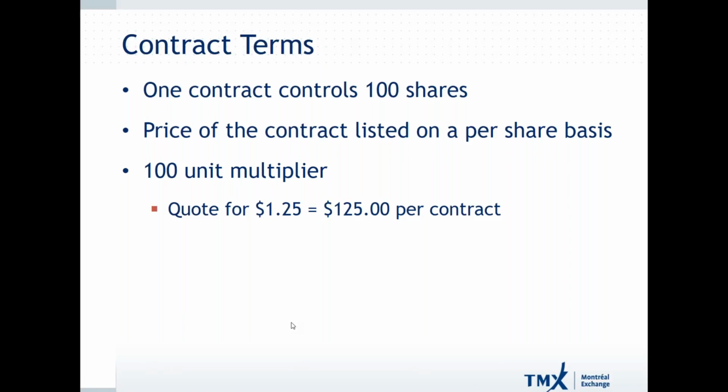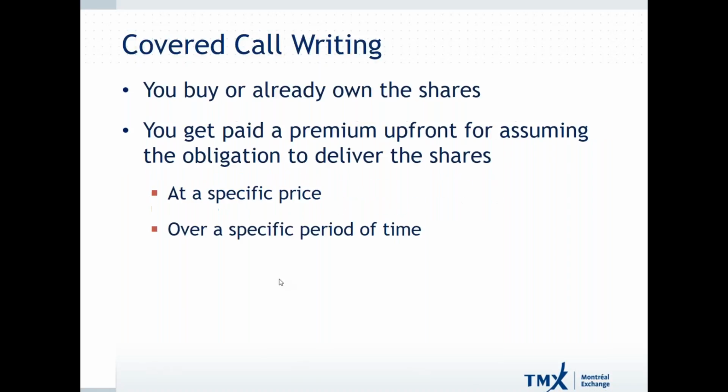So, of course, as we recall from our basics, the price of each option contract is listed in a per share format, and so we multiply the premium by 100 to determine just how much that contract is trading at. For example, if we're looking at a quote of $1.25, that's basically suggesting that the option contract is trading at $1.25 per share. The contract represents 100 shares, so the contract itself is worth $125.